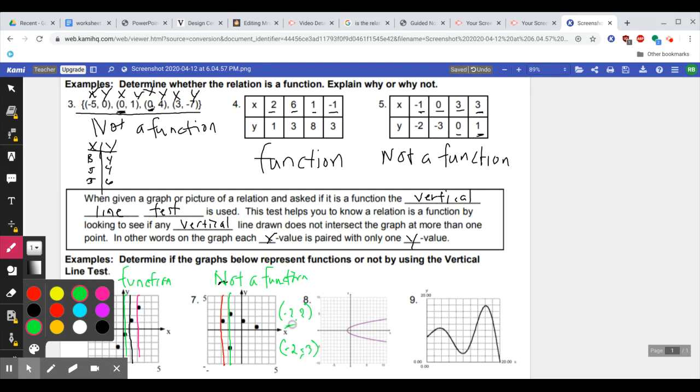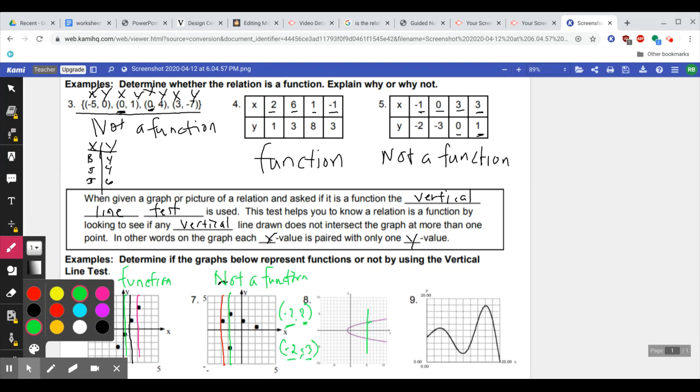You see how they have both the same inputs, but their outputs are different, which means it can't be a function. And that's why the vertical line test works, because basically it's showing you these 2 points have the same input. They're both at -2 on the x-axis, but they have different places on the y.